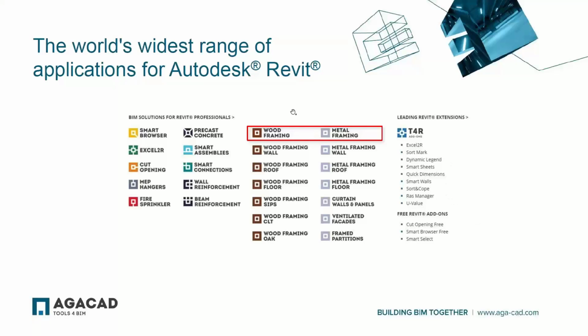Today we're going to concentrate on wood framing and metal framing. All these wood and metal framing modules are very closely related. The main difference is the Revit families that come together with those modules.